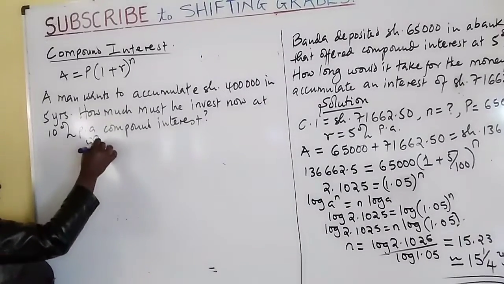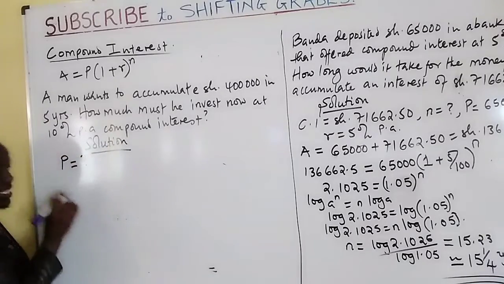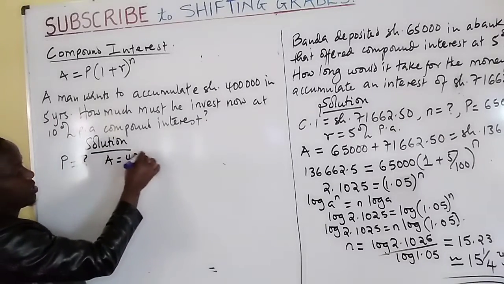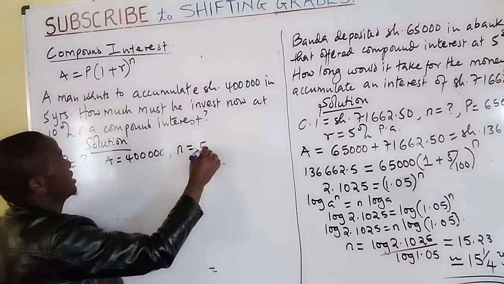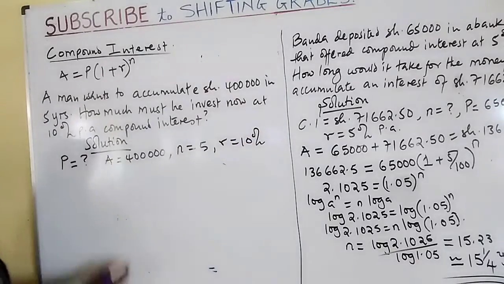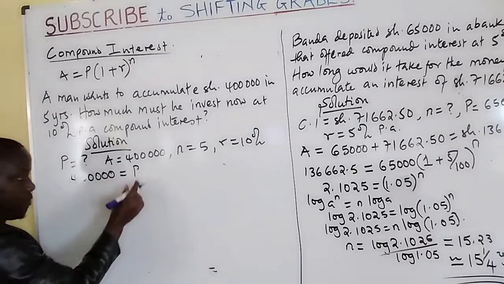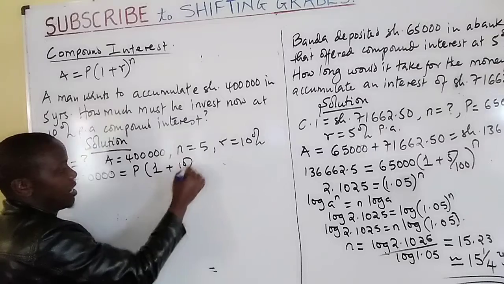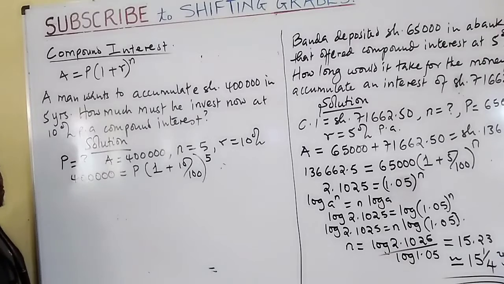Solution. We can again assemble the question and see what has been given and what is being asked. How much must he invest now? The principal is not known, but we are given the amount. He wants to accumulate 400,000. Then again, n will be 5 years, and the rate is 10% per annum. Therefore, we can say amount 400,000 is given by the principal, which we don't know, into 1 plus a rate of 10% raised to n, 5 years.